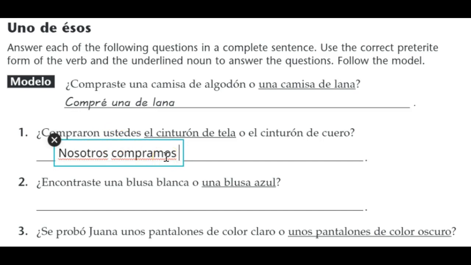We bought. We want the fabric belt. Nosotros compramos el de tela. We bought the fabric one, and that's how you would say it in Spanish. You don't have to repeat cinturón because we already know that we're talking about it.